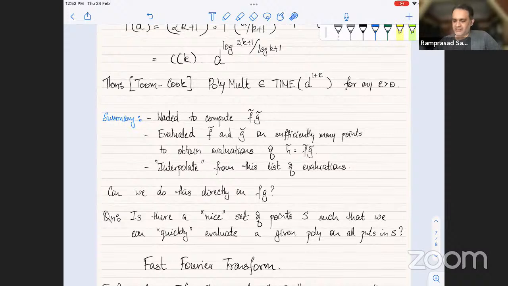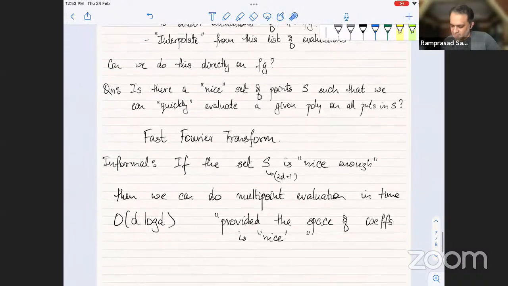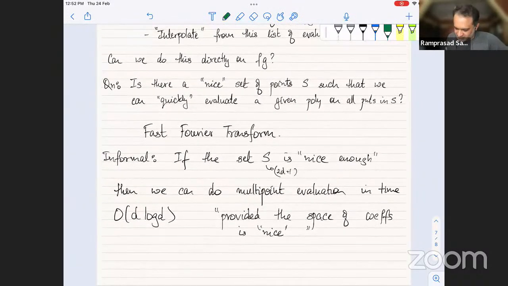But the reason I didn't want to directly go to FFT is because directly going to this evaluation way of looking at polynomial multiplications seems like too much of a jump. If you see natural generalizations, then it's perhaps easier to convince you that it makes sense to study multi-point evaluations. So that's what we will do in the next lecture.